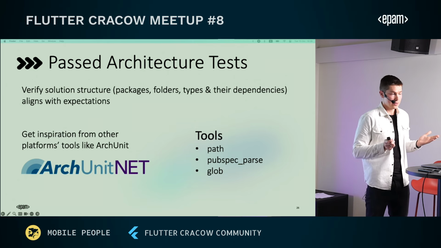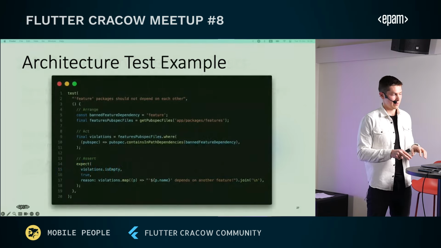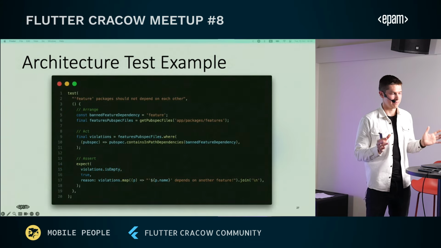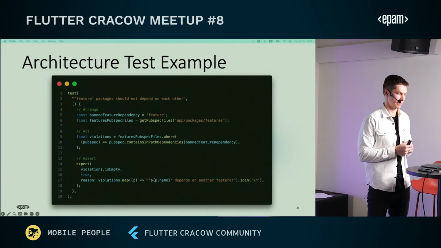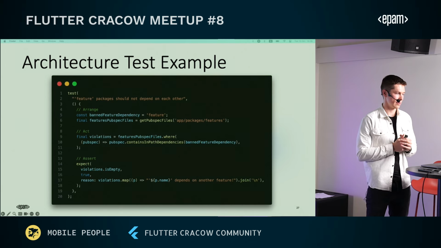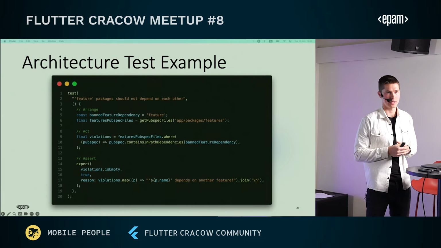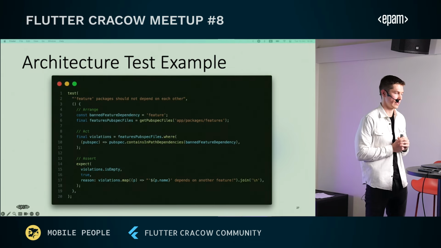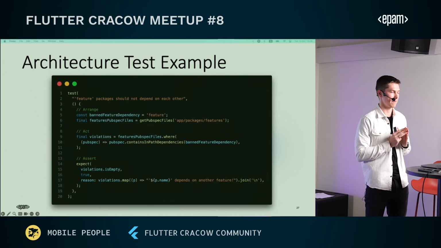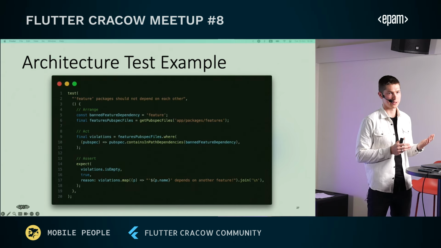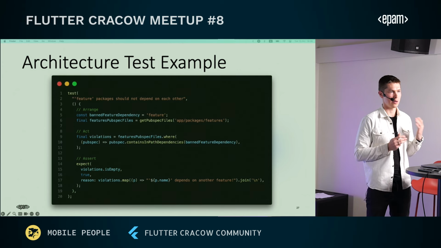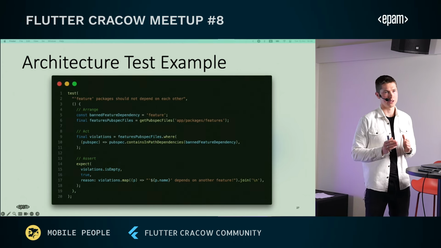But even without that, even with some more naive and simple ideas and approaches, you can come up with some nice tests. This is a small one to give you an idea, to give you some inspiration. I took this one from one of my recent Flutter applications. We had feature-oriented architecture, and one of our architecture rules was that our features should not have dependencies on each other.